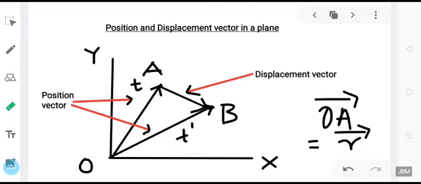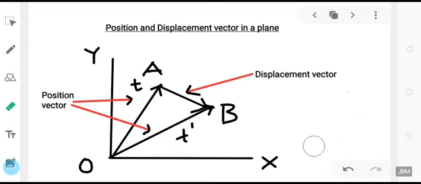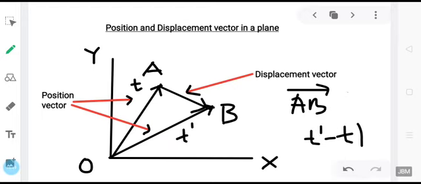So here AB vector, where tail or initial position is at A and head or tip is at B. As you can see, tail or initial position is at A and head or tip is at B. This is called the displacement vector of the object in time interval t dash minus t.